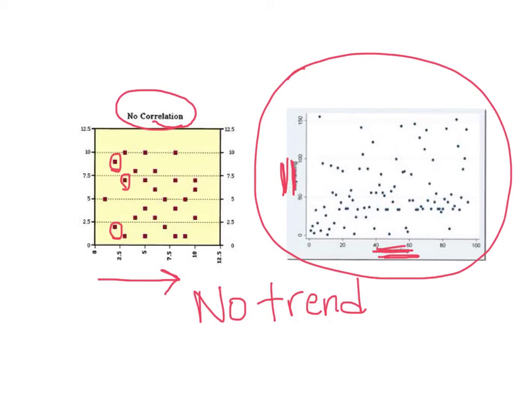For instance, maybe this would be grade point average, GPA, and this would be shoe size. We would expect that a person's shoe size would have absolutely no bearing on their grade point average.